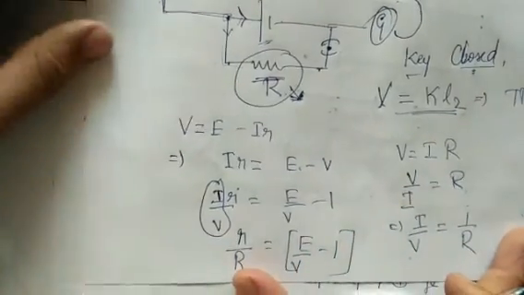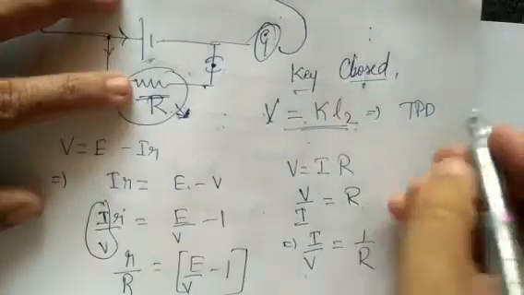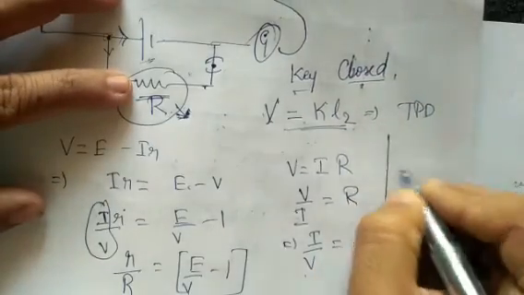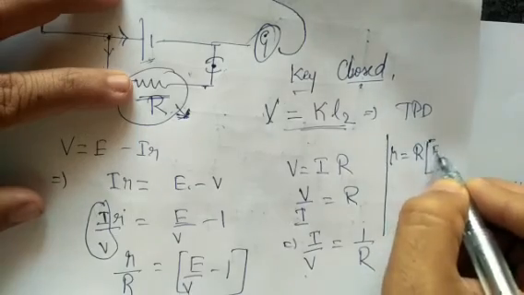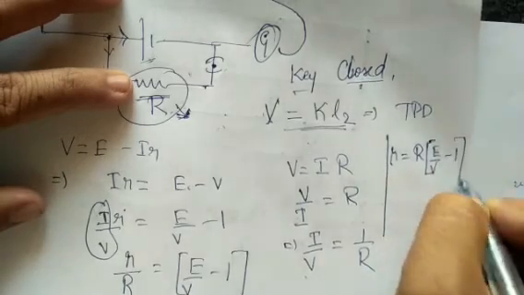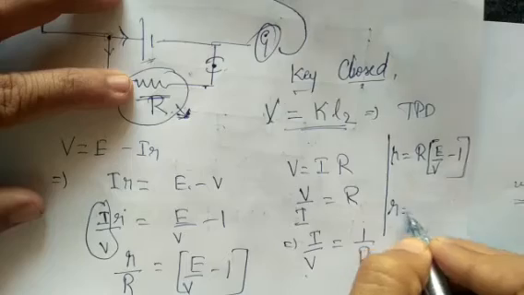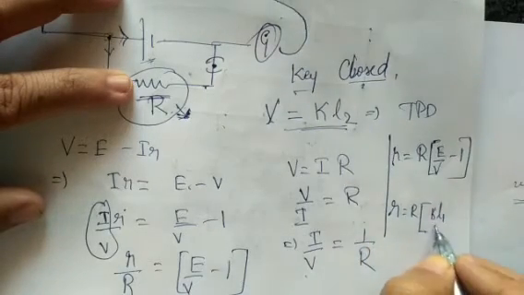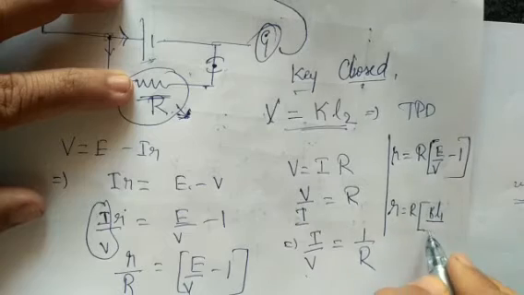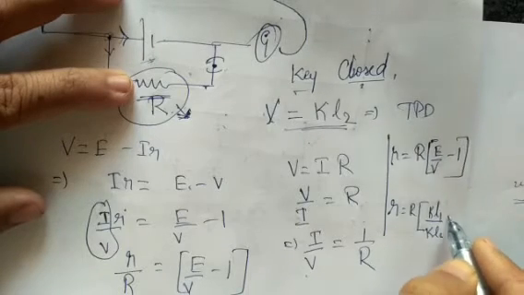Let us write the equation again. So r is equal to R multiplied by E divided by V minus 1. We know the E value is given by K into L1, whereas the V value is given by K into L2.